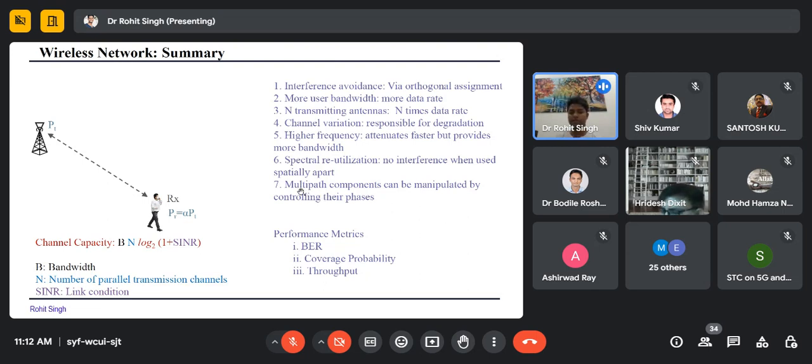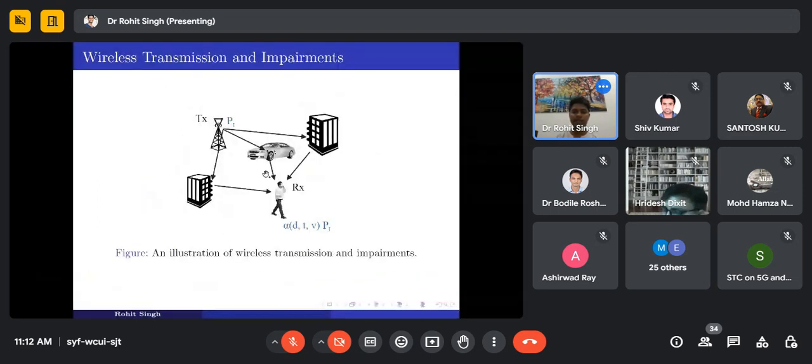Next, and last one, is that multipath components can be manipulated by controlling their phases. As shown in this figure here, different components reach the receiver and experience different delay and phase. So we can also utilize these phases at the transmitter end.